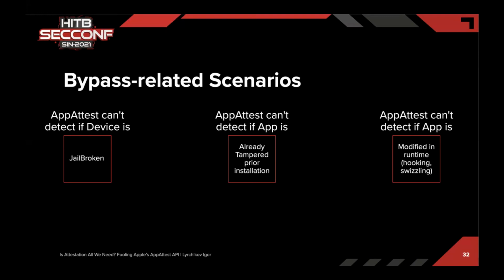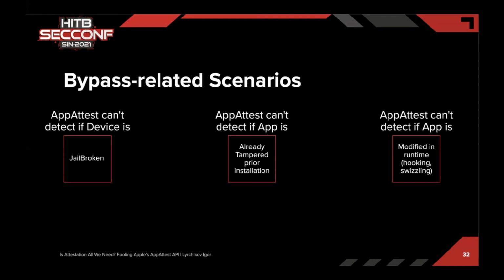Neither can it detect hooking frameworks, which modify the behavior of your application during its runtime. We don't even need to hack the key generation algorithms or break the cryptography, because it's really tough. It depends on the secure enclave, and in our case, it's definitely not efficient to attack through this channel.